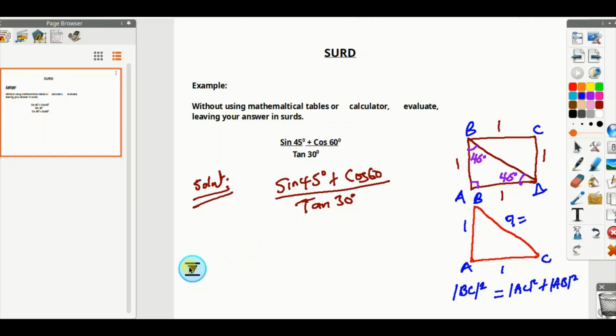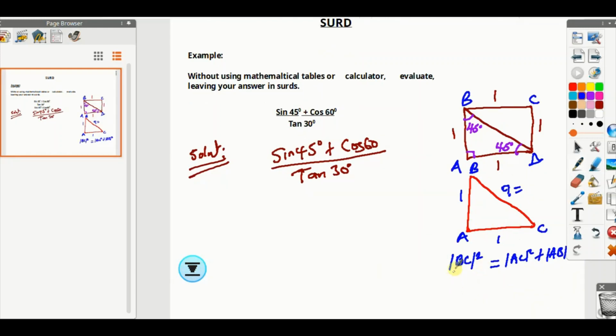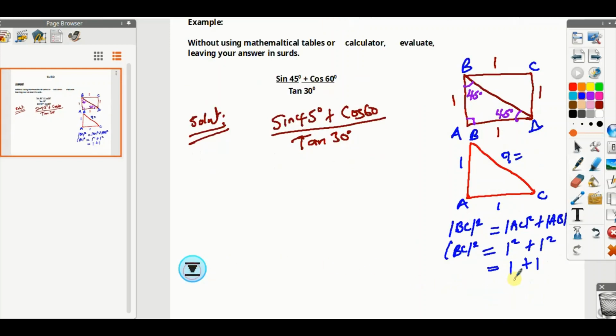So from here, substitute the values. Line BC, that is what we are looking for, equals 1 square plus 1 square. 1 square is the same as 1, and 1 plus 1 is 2.